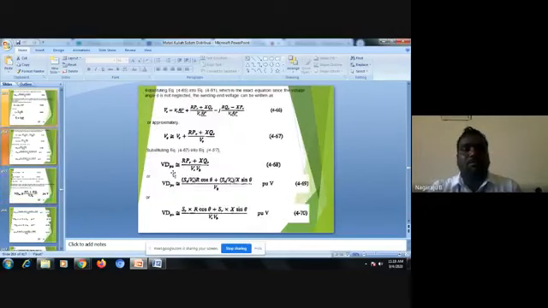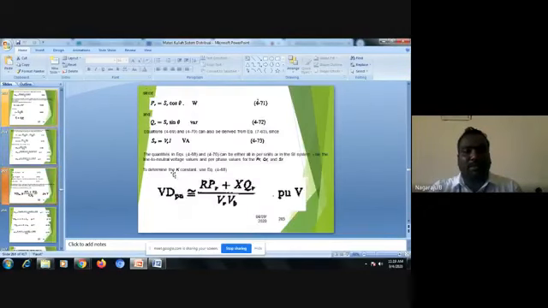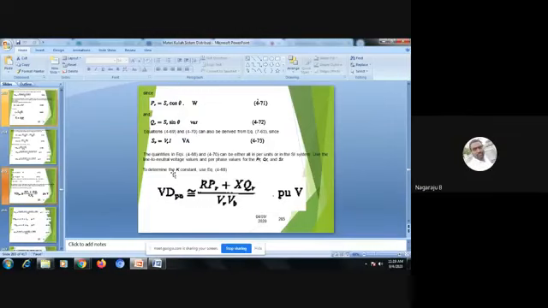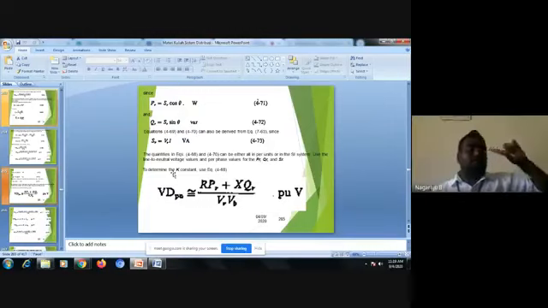So I have the Pr value. Pr is equal to Sr into cos theta. Qr is equal to Sr into sin theta. Sr is nothing but Vr into I. Pr is the active power with respect to the receiving end.